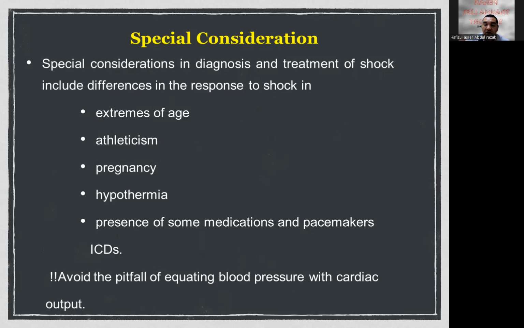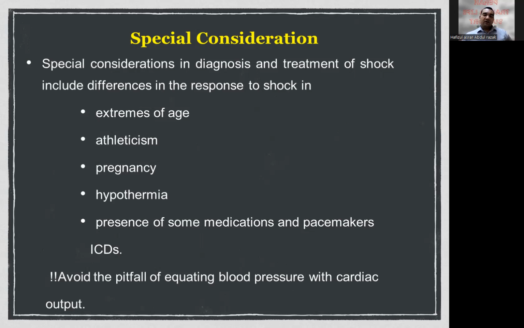As we know, cardiac output is affected by stroke volume, and the afterload, peripheral vascular resistance, is affected by catecholamine, and catecholamine is released due to shock itself.